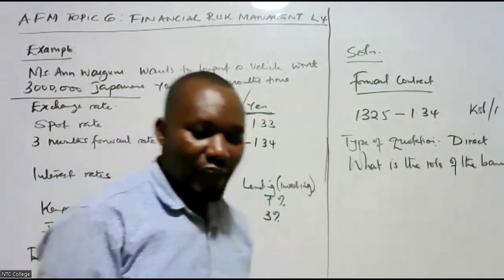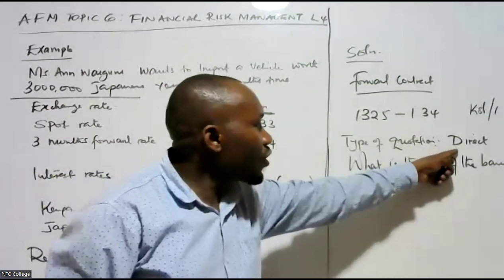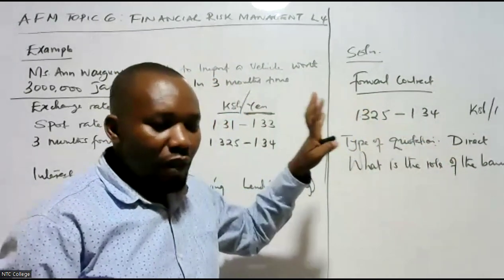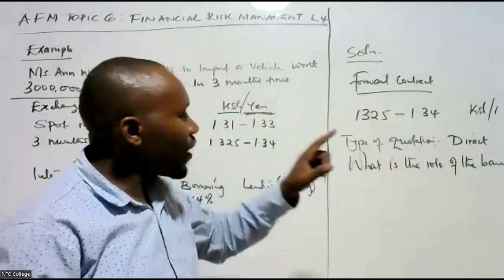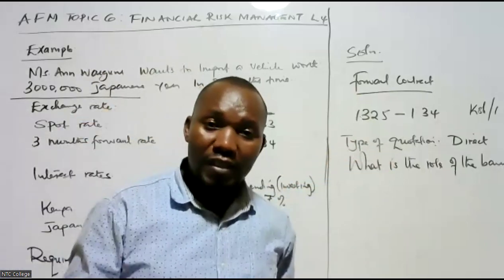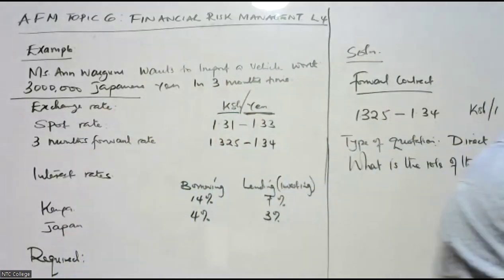Now, after understanding that, under this direct quotation, we also need to understand that the bank buys at low price but sells at high price. So which rate is the bank using to buy?